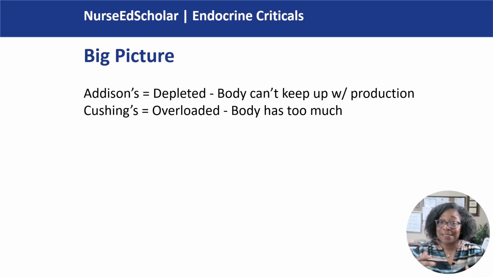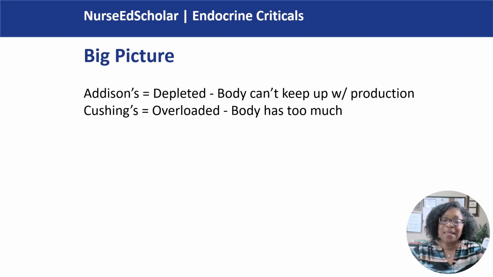So let's simplify it again. Addison's disease, the body is depleted of cortisol. So the body just can't keep up with the production because it's not working. The body just doesn't have the cortisol that it needs. Cushing syndrome, the body's overloaded. It just has too much cortisol.